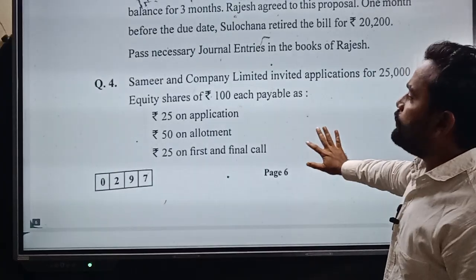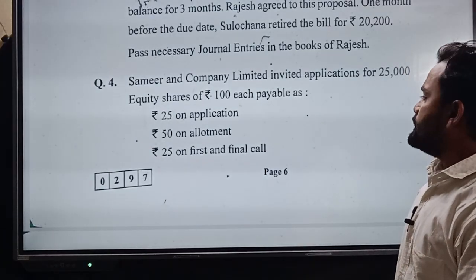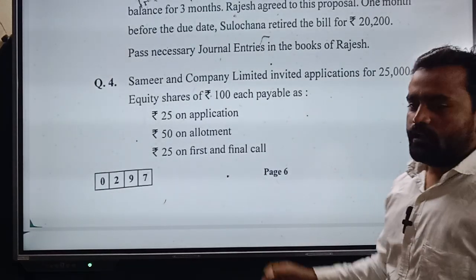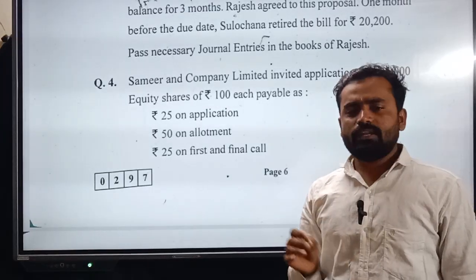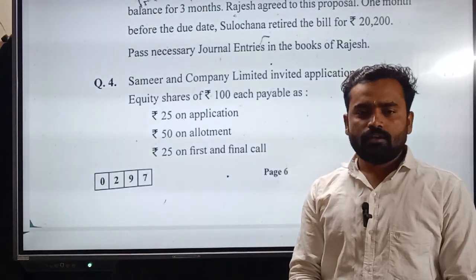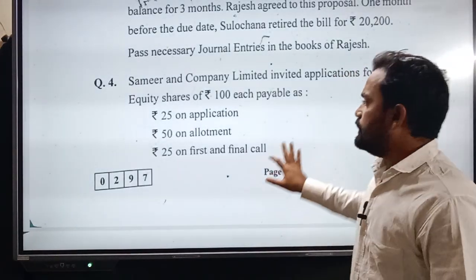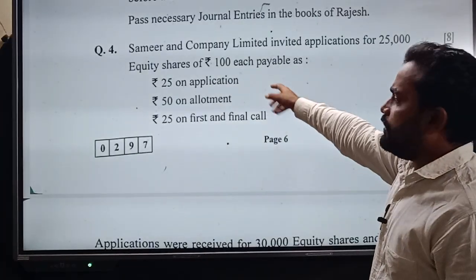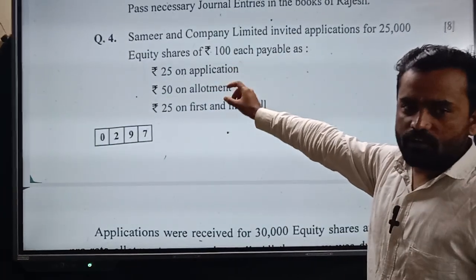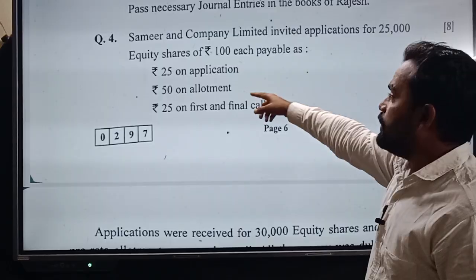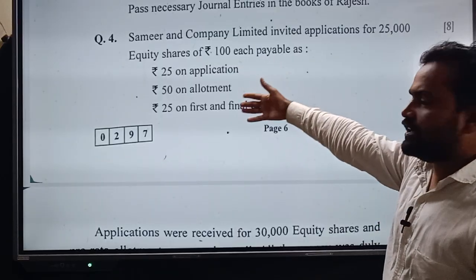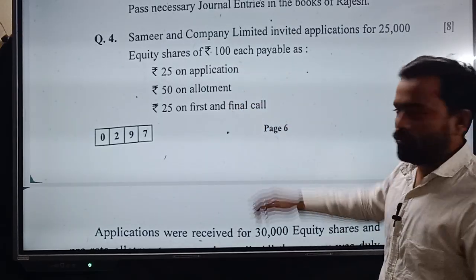Next, question number 4. Question number 4 is the journal entry of issue of shares. It is a very simple journal entry. You know that I teach journal entries very well, how to prepare them. The journal format is very simple. There are 3 steps: application, allotment, first and final call.